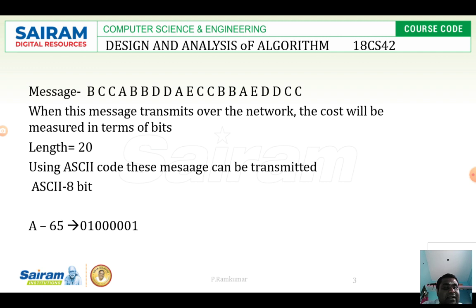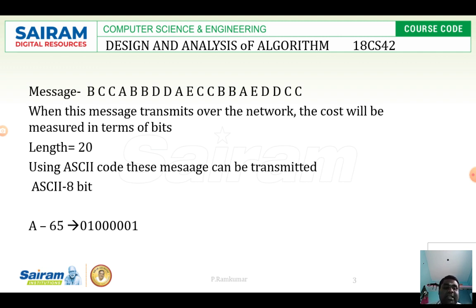As I said, there are 20 alphabets in the message, and each alphabet will be represented in ASCII format. So 20 into 8 is 160 bits. 160 bits will be required for transmission of this entire message. So here it will take some time for uploading as well as transmission over a network.